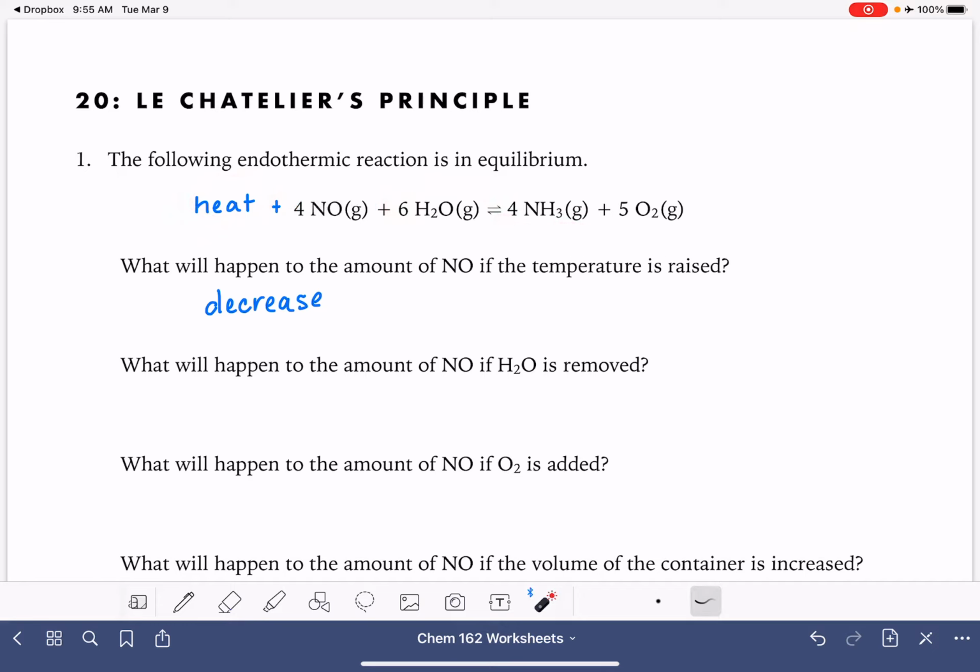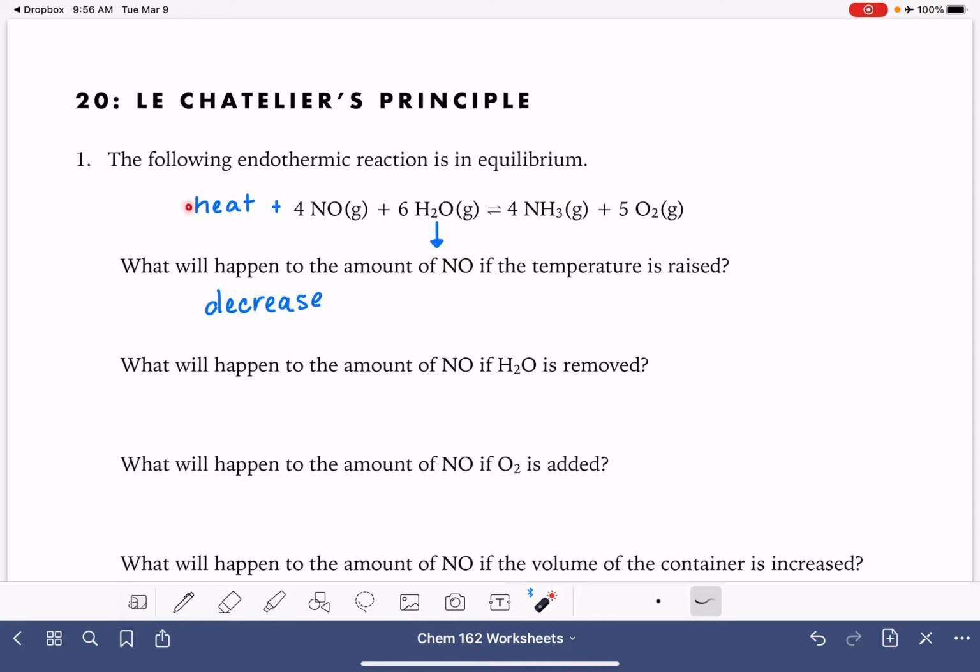Second question is asking what will happen to the amount of NO if H2O is removed. So here we want to consider if we remove H2O, so I'm just going to put a little down arrow, meaning that it's being decreased. If we remove anything from the left-hand side, the system will shift the position of equilibrium to the left to try to put back that thing that was lost.